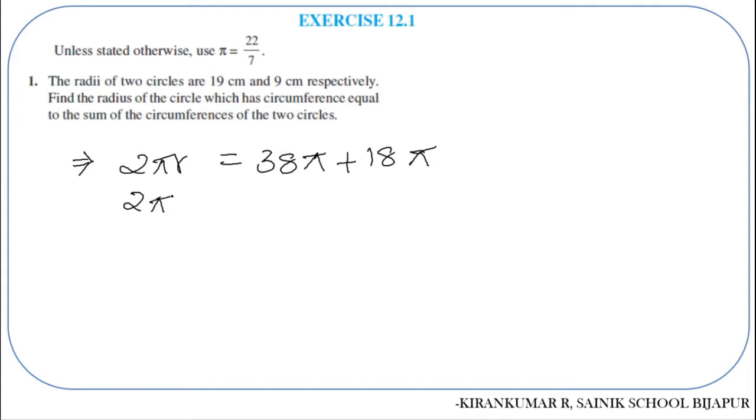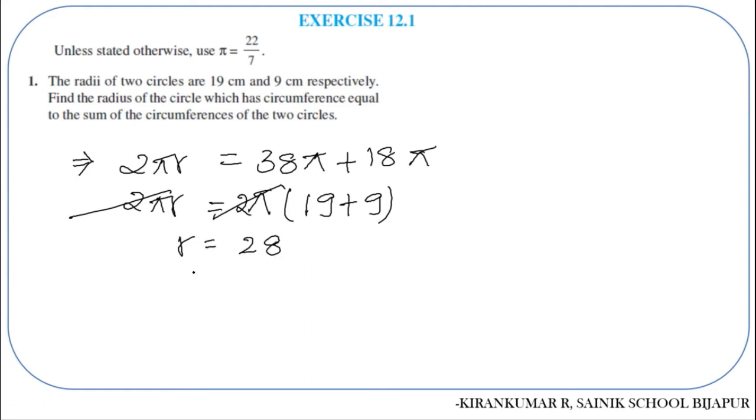Here I'll write 2 pi R equal to, I'll take 2 pi common, I'll be getting 19 plus 9. So 2 pi, they get cancelled. R will be equal to 28. So the radius of the third circle is 28 centimeter.